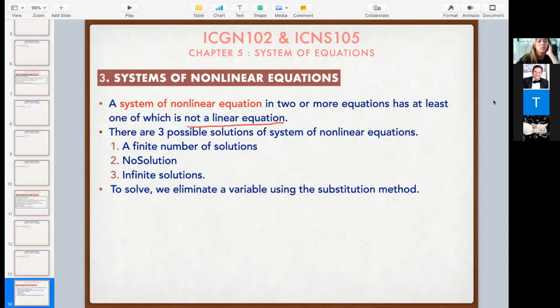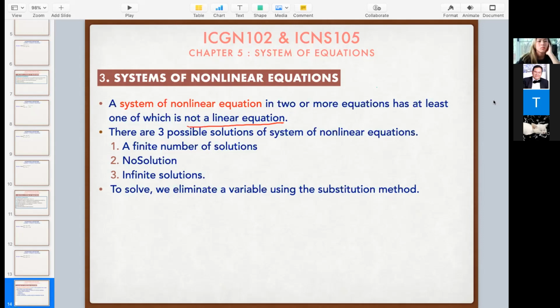For a system of nonlinear equations, there are also 3 possible outcomes. First, a finite number of solutions. Second, it may have no solution at all. Or third, infinite solutions.